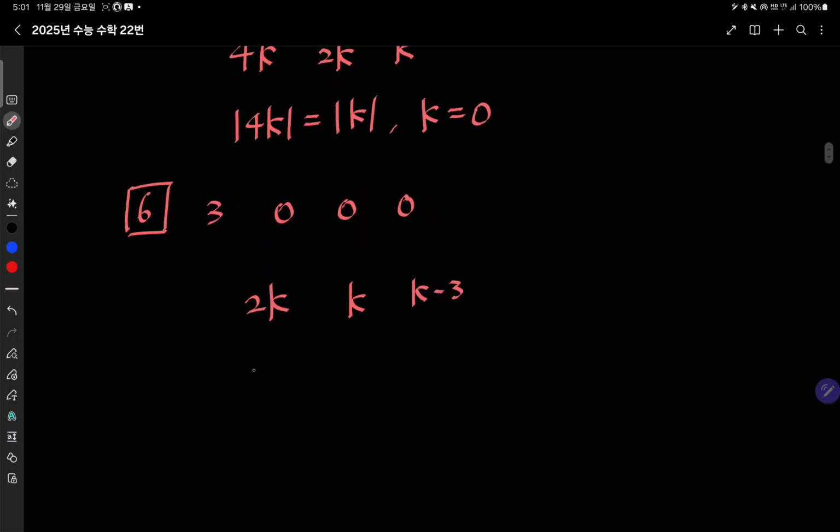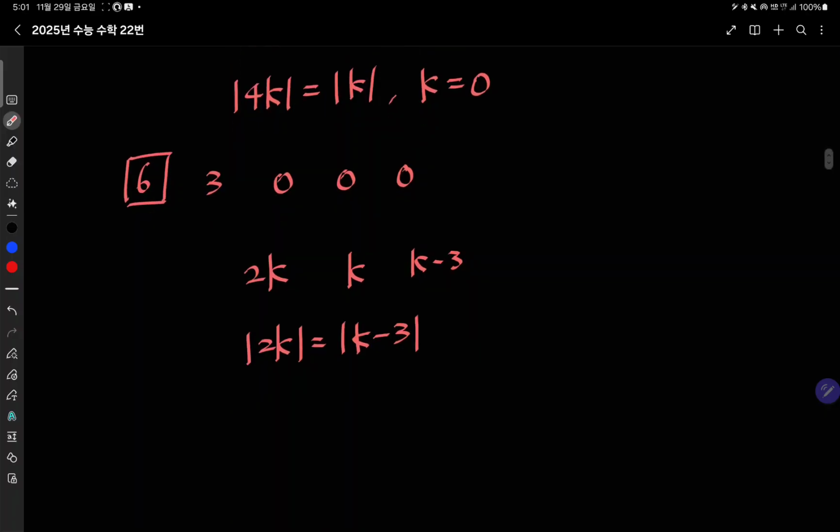And so the absolute value of 2k is the same as the absolute value of k minus 3. So the value of k satisfying this equation is minus 3 or 1. There are two solutions.